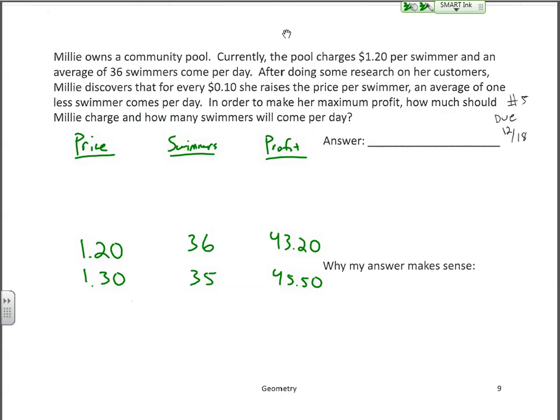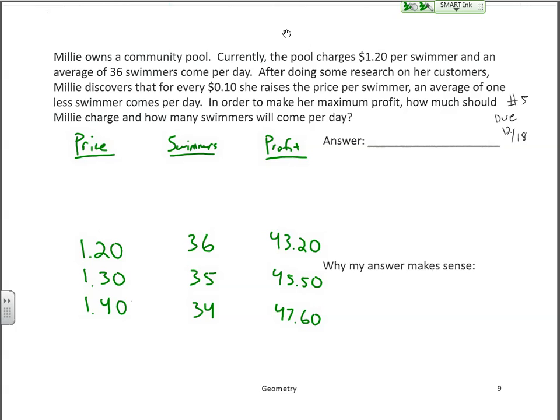Even though less people are coming, the price change, she's still making a greater profit. What if she goes 10 cents more, $1.40? Well, that means that 1 less swimmer is going to come, and 1.4 times 34 is $47.60. Still making a better profit.